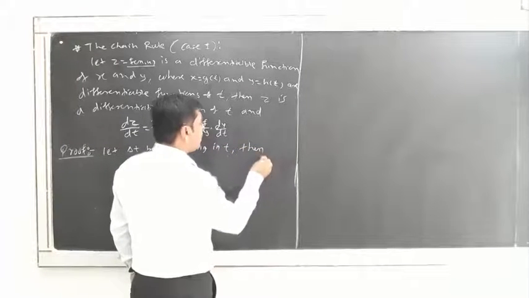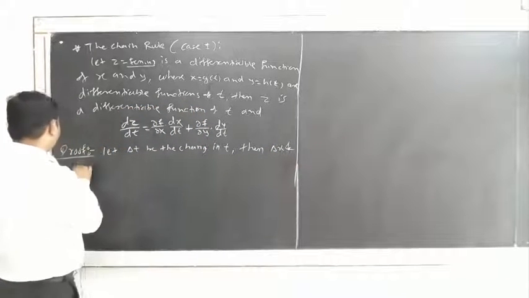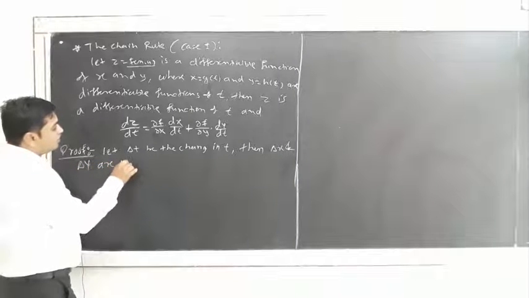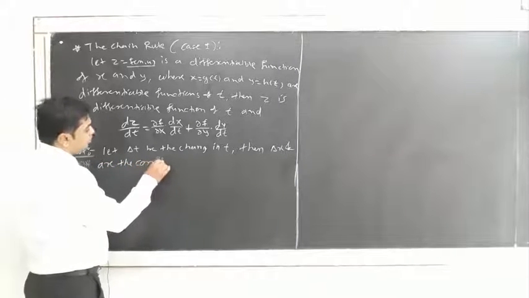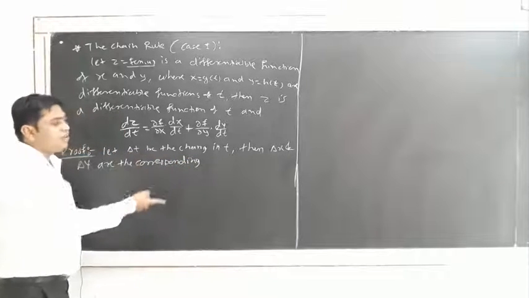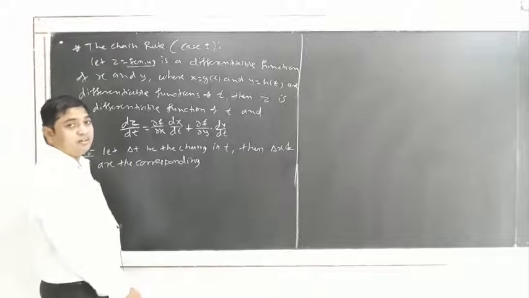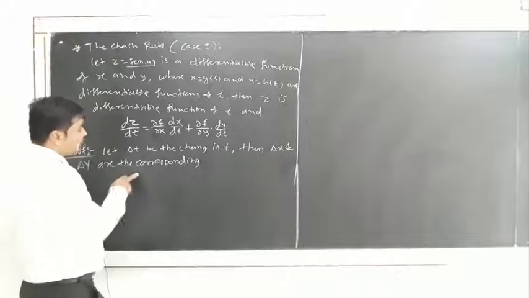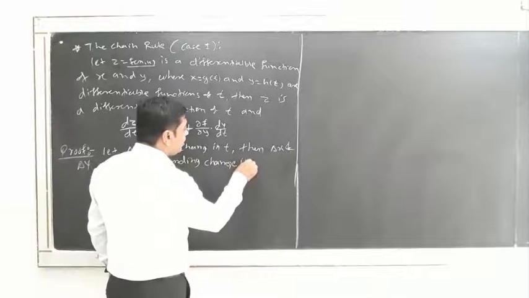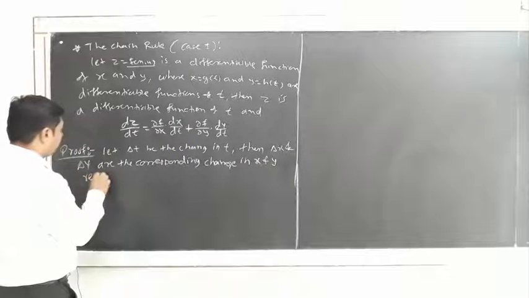Then delta x and delta y are the corresponding changes in x and y respectively, because as t increases, x and y also get increments.